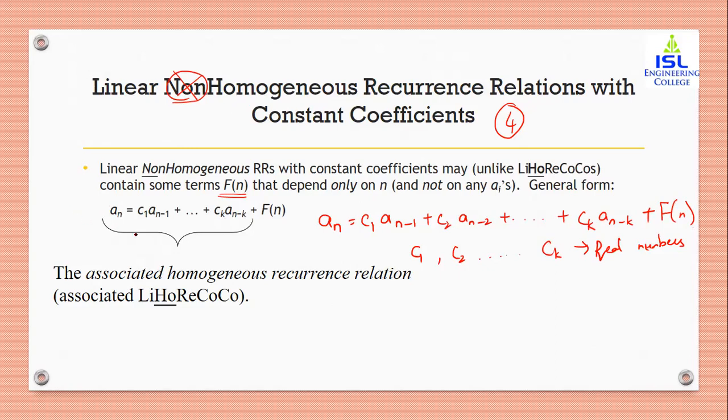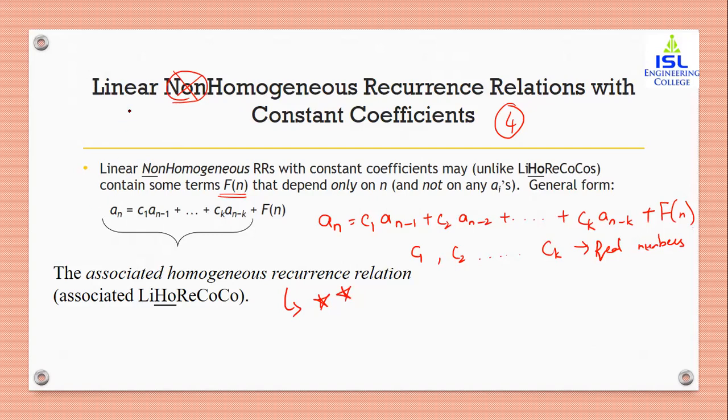Now, this part of the equation, the one I have marked with a bracket, is known as the associated homogeneous recurrence relation. It is associated because if we don't consider the f(n) term, this part is homogeneous. This is actually very important when we want to find the solution for our linear non-homogeneous recurrence relation.